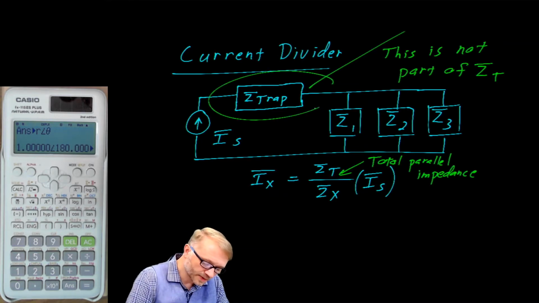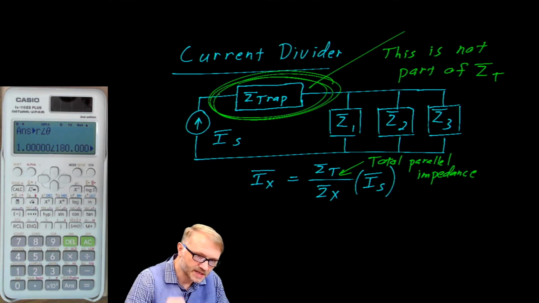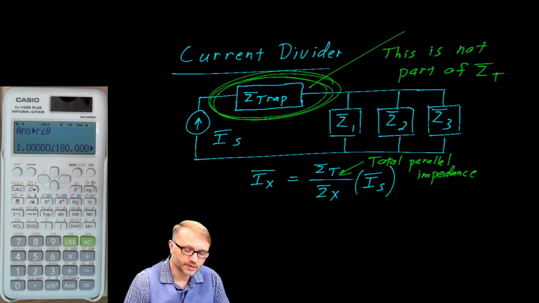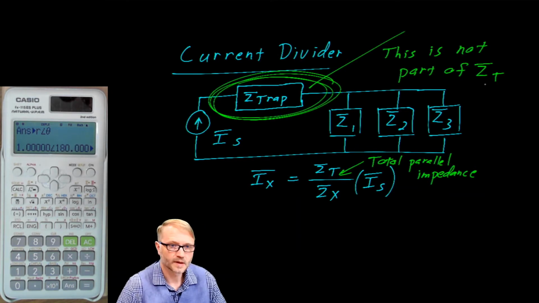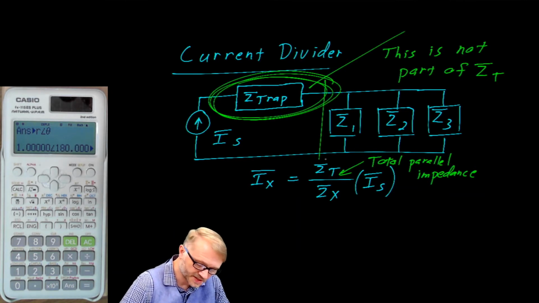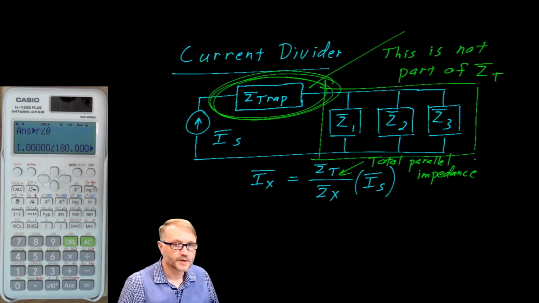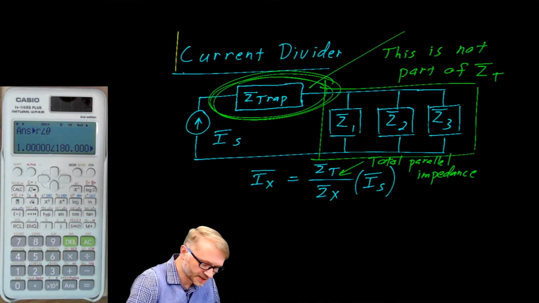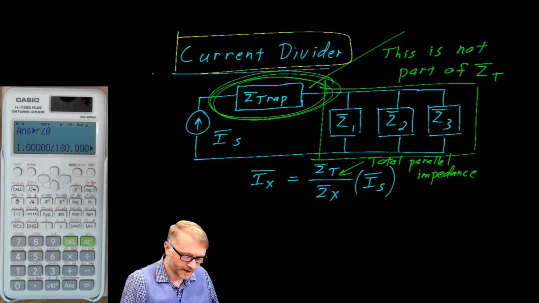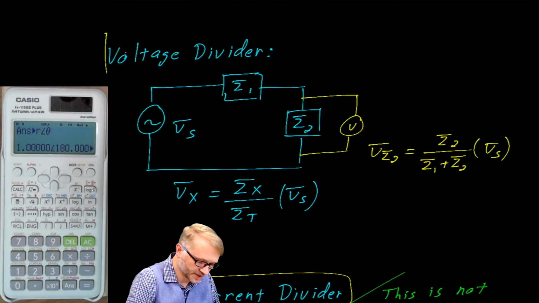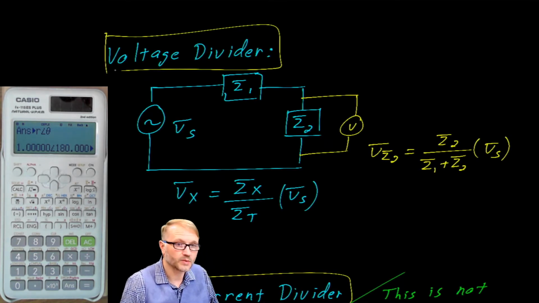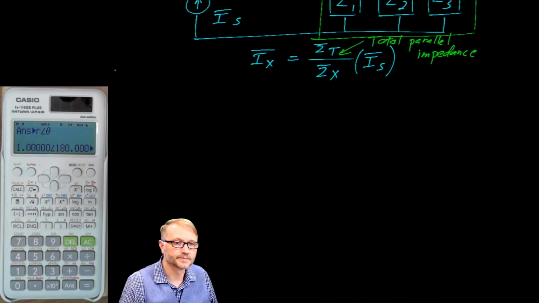This grade robbing trap is not part of the total parallel impedance. In this particular example, these three impedances form the total parallel impedance. Those are the two things I really wanted to talk about today, the current divider and the voltage divider. And now we'll go over a few examples to show how each of these are applied.